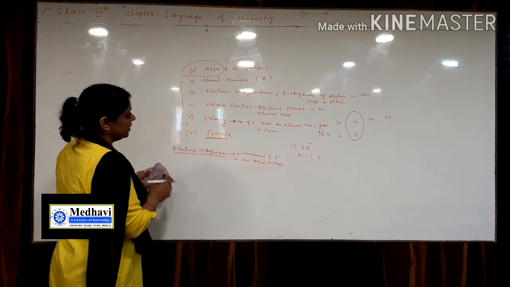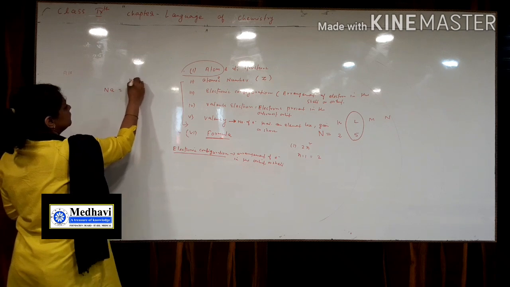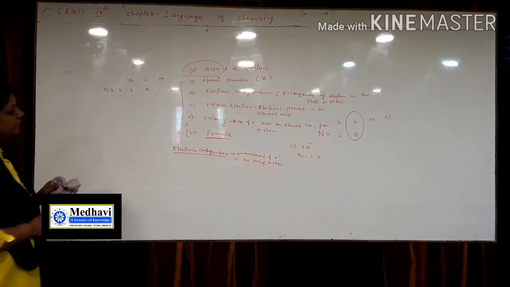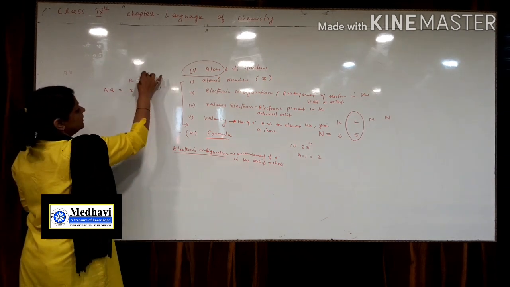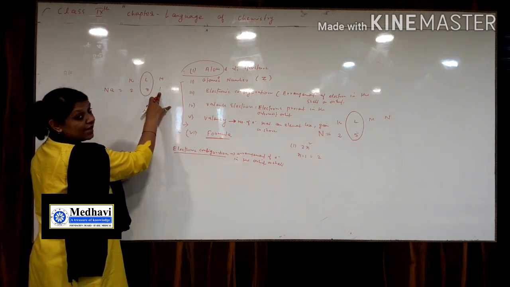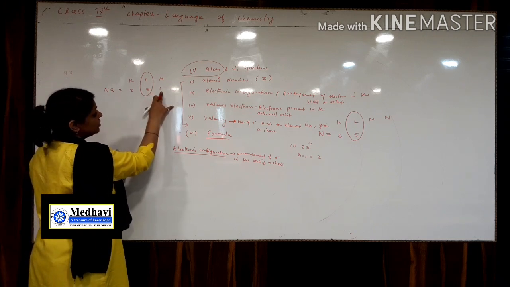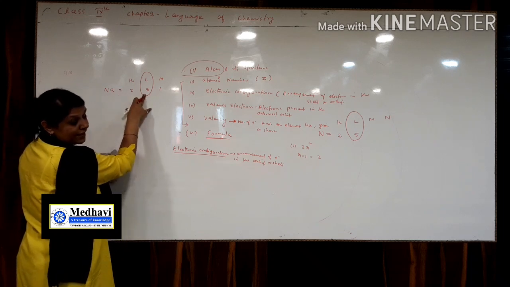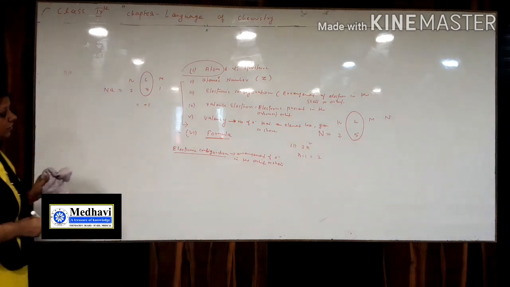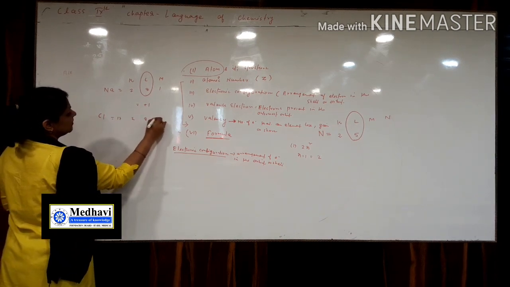Mind it, if you take the electronic configuration of sodium, then you can find that... For chlorine, atomic number is 17, so you can write 2, 8, 7.